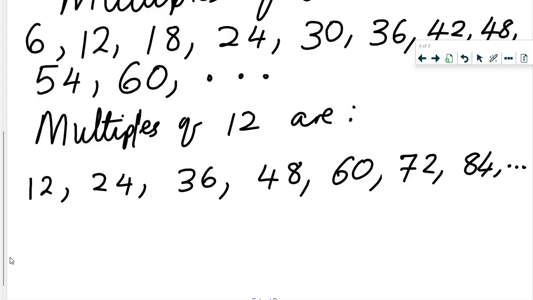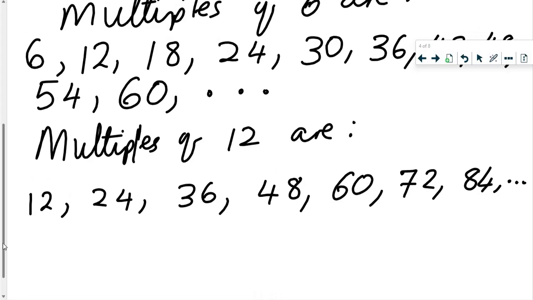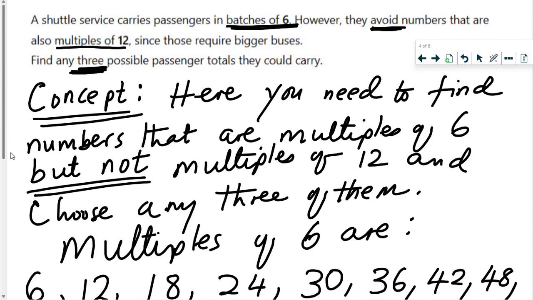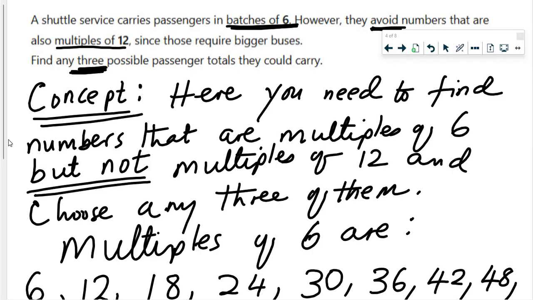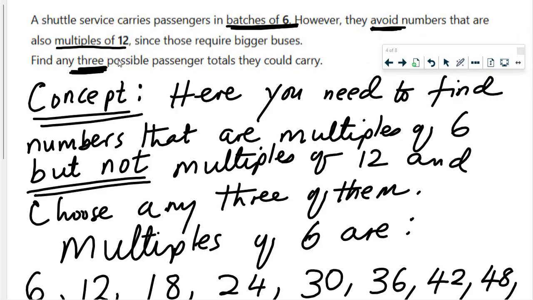Now, here, what is the question saying? A shuttle service carries passengers in batches of 6. However, they avoid numbers that are also multiples of 12, since those require bigger buses.